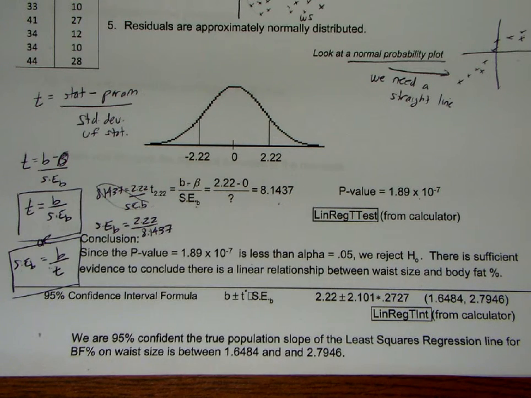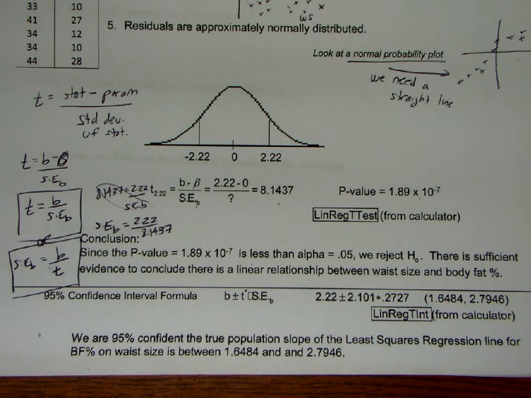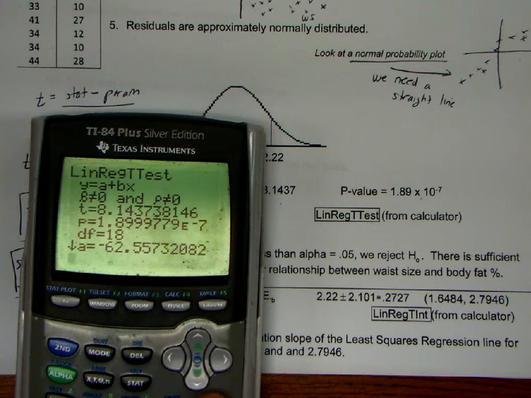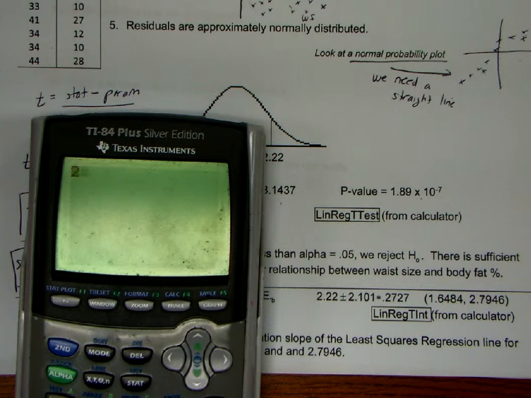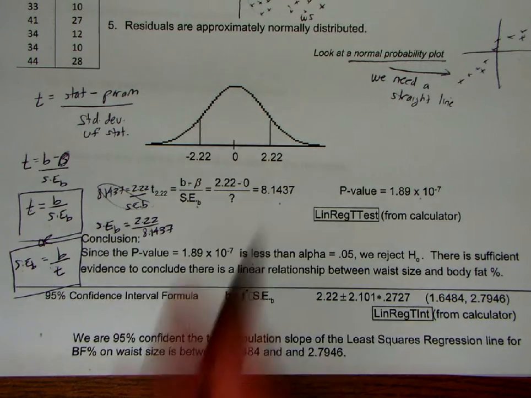So what we're going to do is take 2.22 divided by 8.1437. That's going to give us the standard error, which is 0.272.